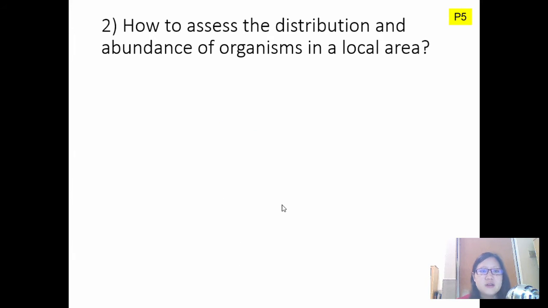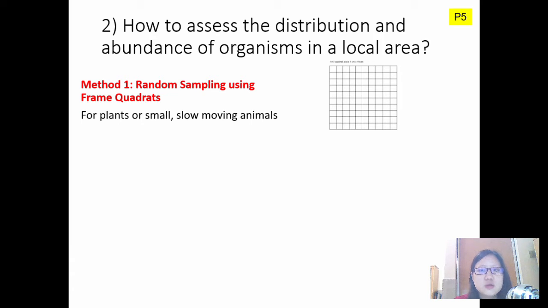So let's start by differentiating these three methods. Number one is random sampling using frame quadrats, and this is usually for small plants or small slow-moving animals. A frame quadrat is a square frame, usually made out of wood or metal, and within that big square, usually 1 meter times 1 meter, it's divided into smaller squares.